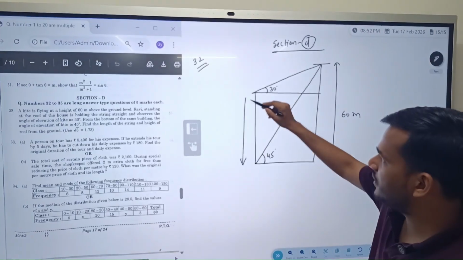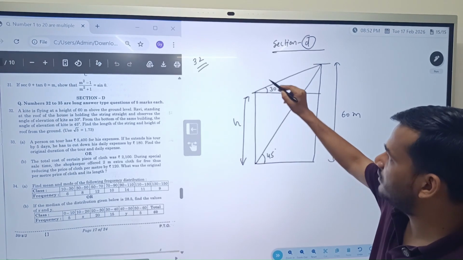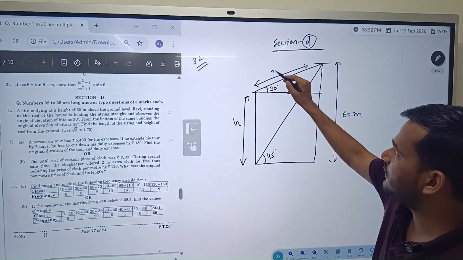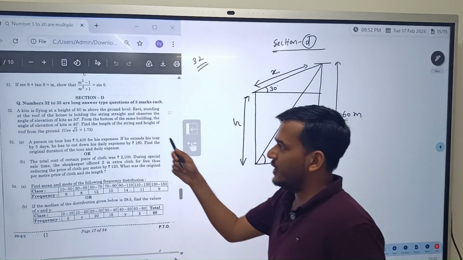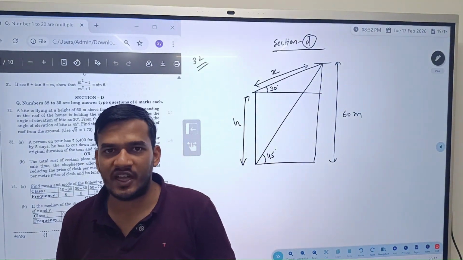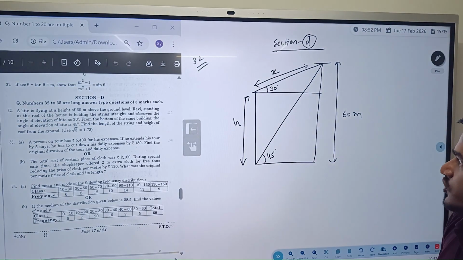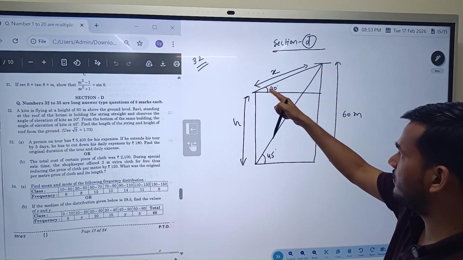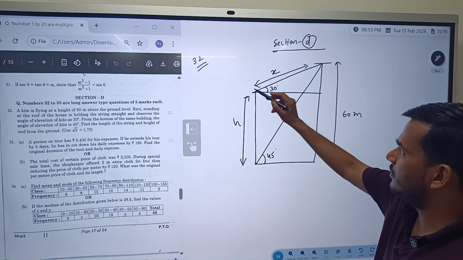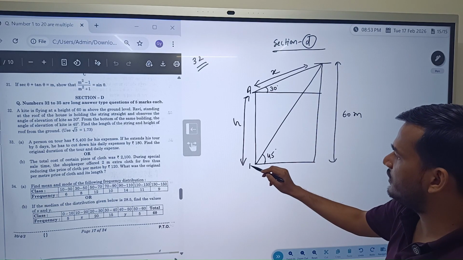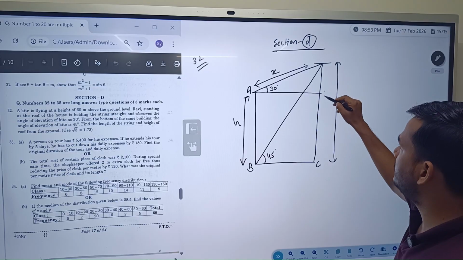And let the height of the building be h and length of the string be x. So we have to find the value of x, that is length of the string, and height of the building, that is h. Now we'll write some letters A, B, C, D, E.